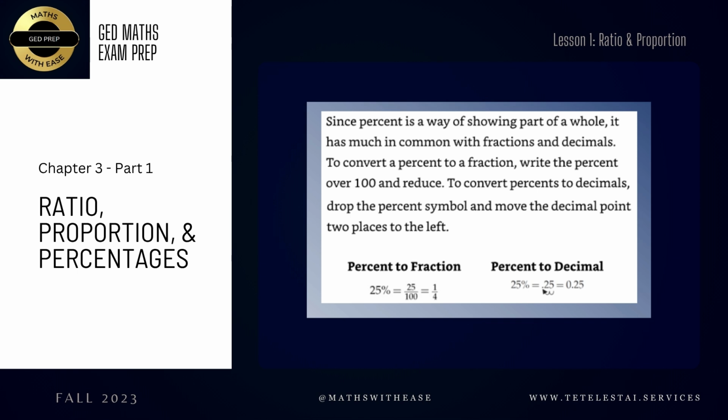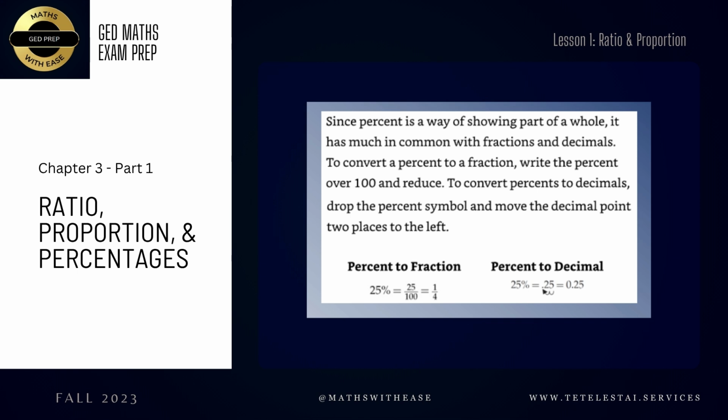So for example, here, to convert 25% to a fraction, again, it's not telling you that you need to write this over 100, but because you see that percentage symbol, you know immediately that you're going to write 25 over 100.